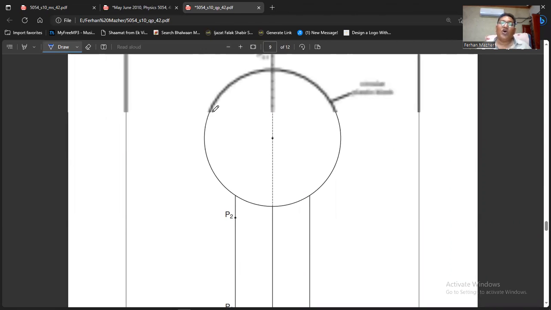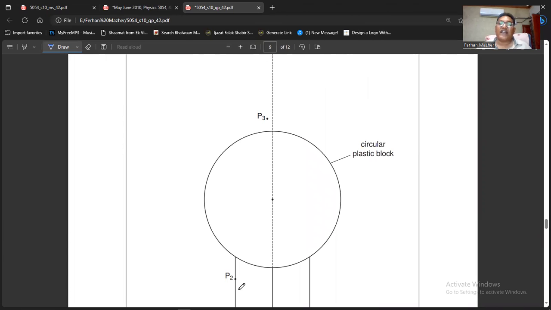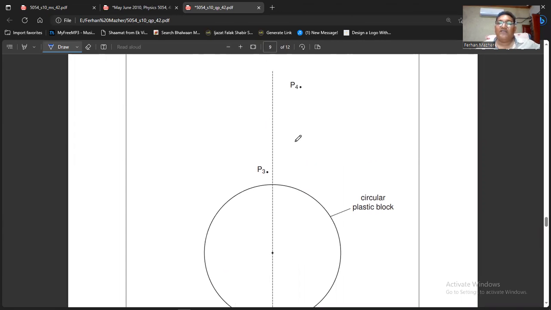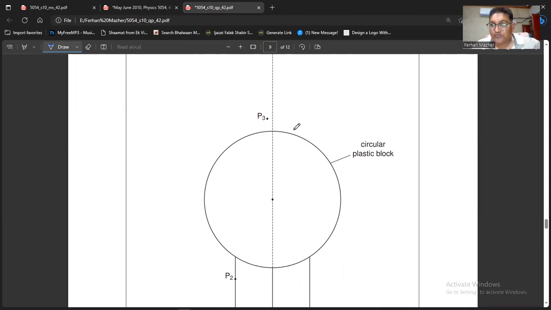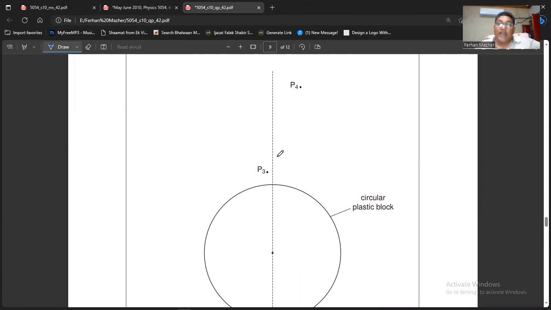Then he will go to the opposite side and look through the glass block. When he sees the images of pin 1 and pin 2 through the glass block, he puts pin 3 in such a way that pin 3 and the images of pin 1 and pin 2 are aligned.